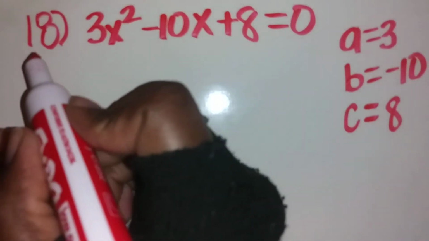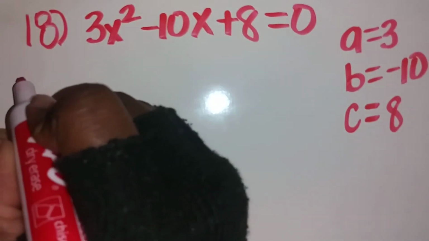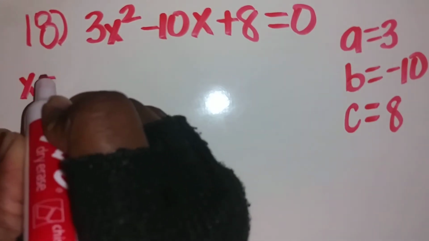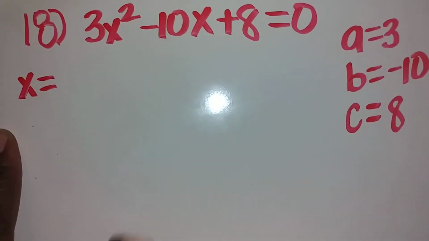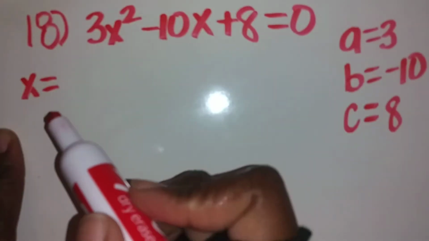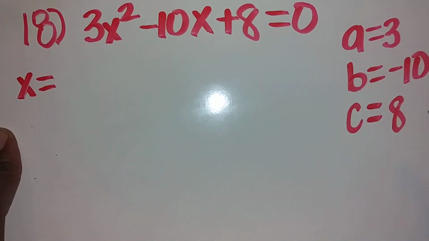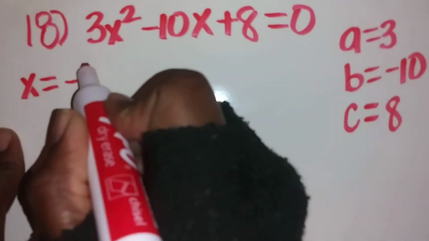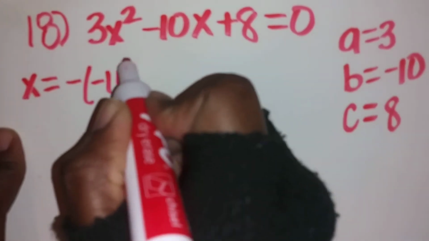I have x equal, and I want you to remember that we are solving for x. So whatever answers I get is going to be x. My degree is 2, so I know I'm going to have 2 answers for x. So the first part says negative b. So I'm going to say negative b is negative 10.